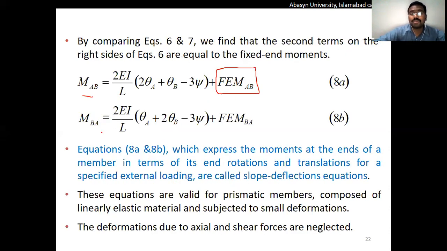And the same goes with the other end of the member, that is MBA, which is 2EI over L into theta A plus 2 theta B minus 3 psi plus the fixed end moment at point BA.